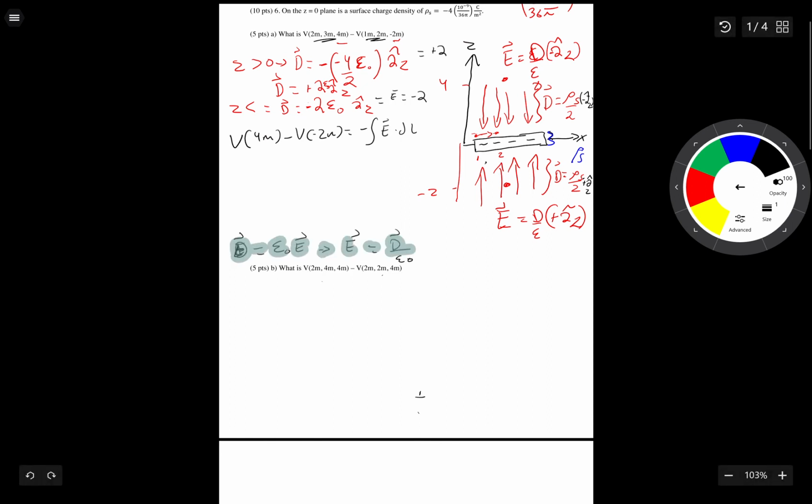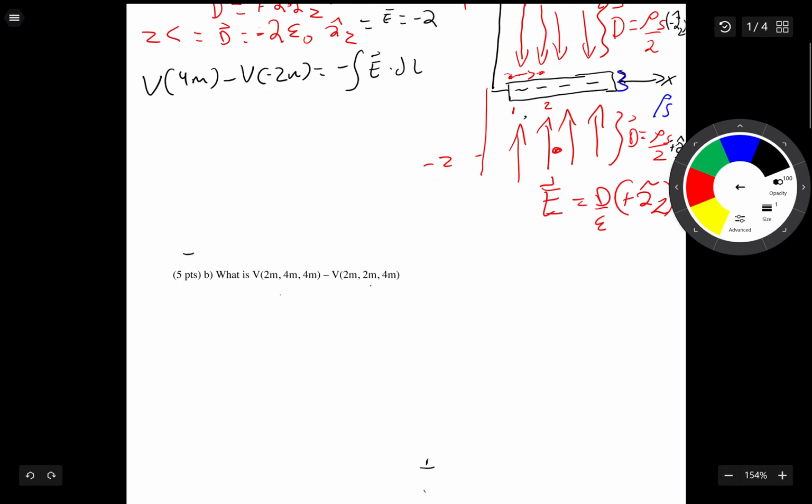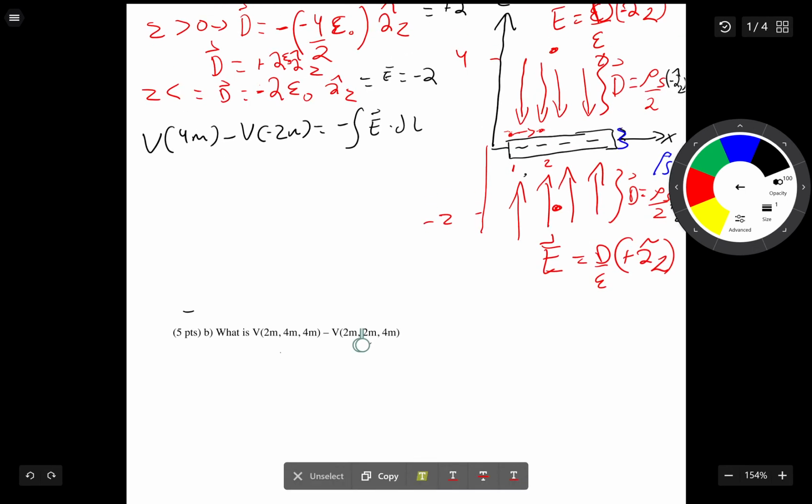I'm going to take this off so I have more space. Okay, let's zoom in. So this is going to be negative.